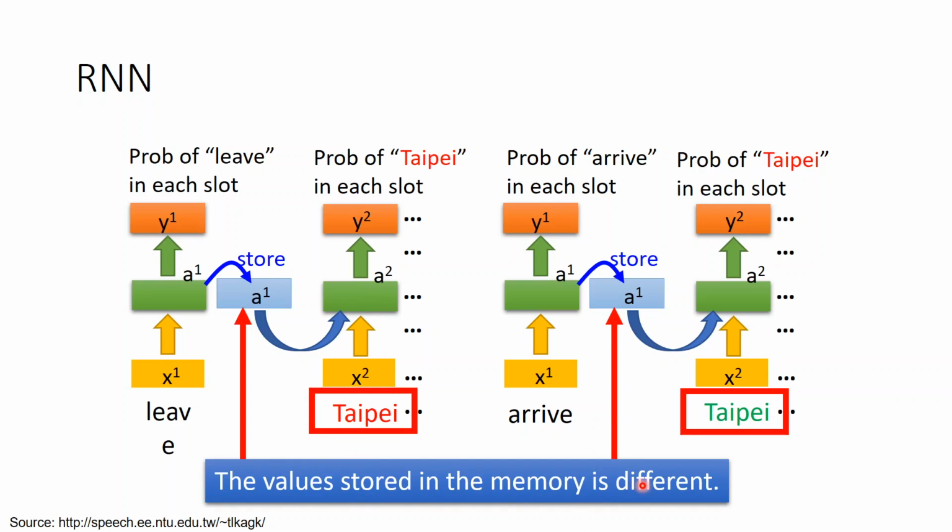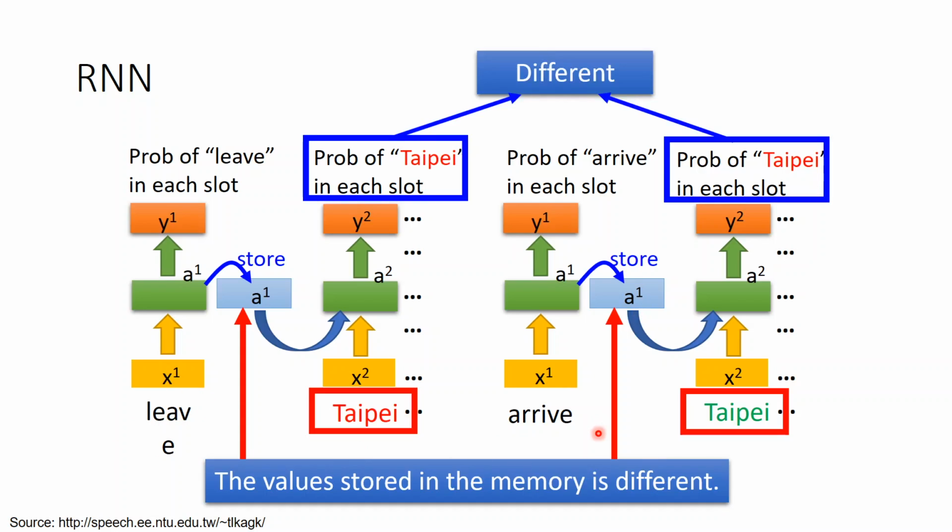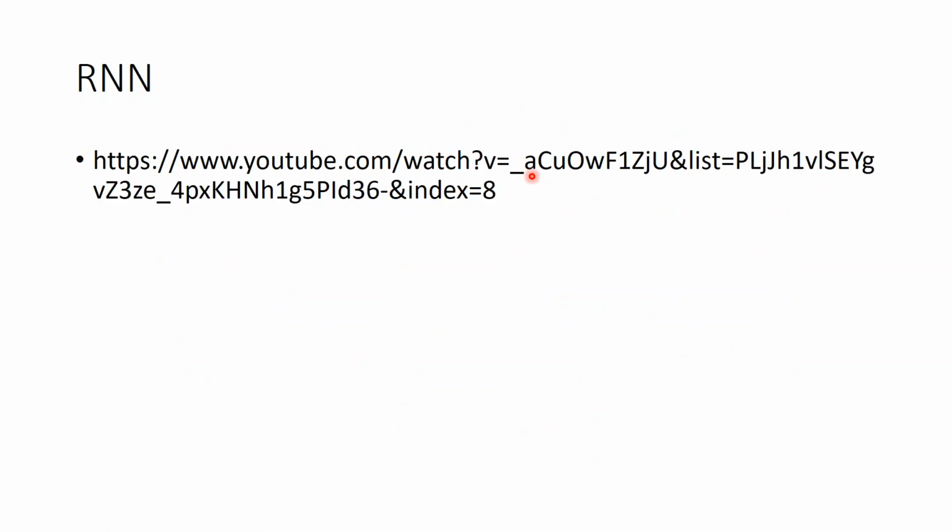And this value stored in memory is different because one is leave and one is arrive, so the meaning of Taipei is different. Now we can see some detail or some example in this video, for more detail about RNN.